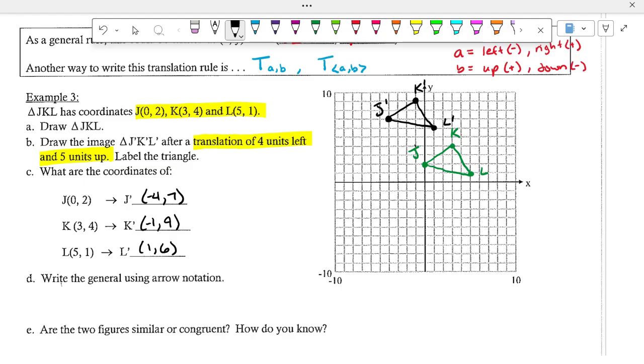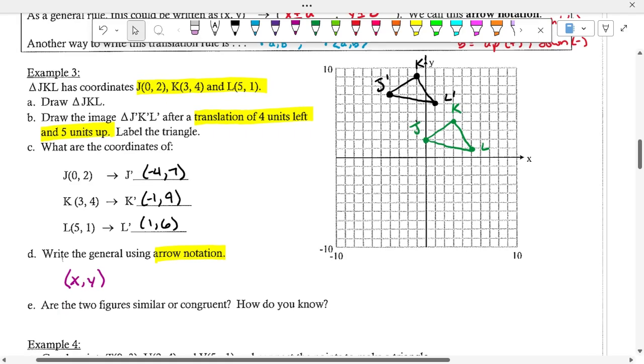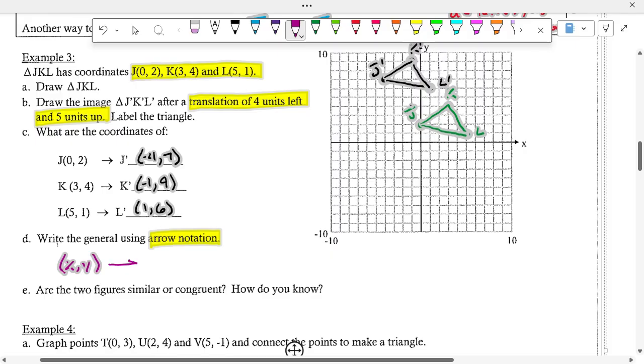So if we want to write this using arrow notation, as the function, you always start with the point x, y. That's your original. Then you draw the arrow. That's why it's called arrow notation. It has that arrow.